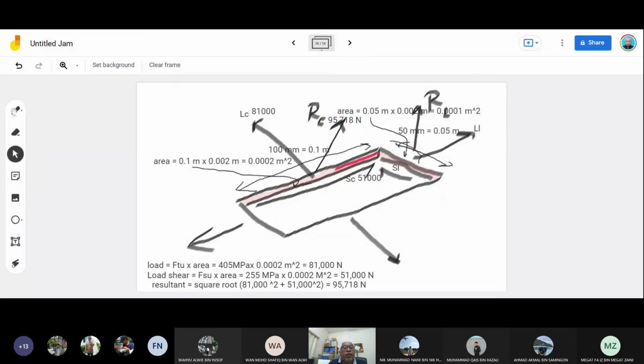So this is the load that you need to consider.